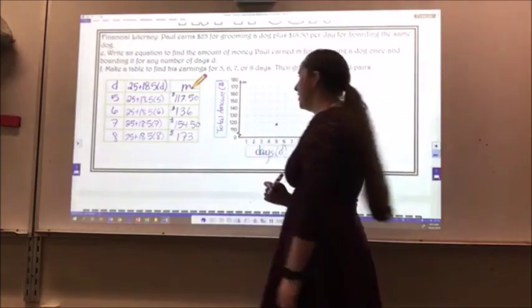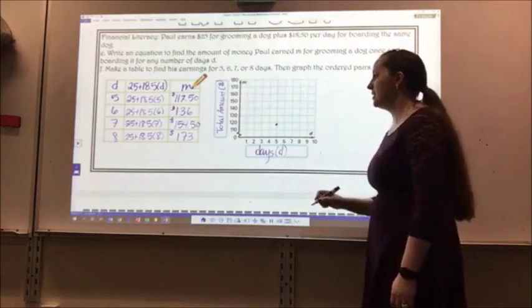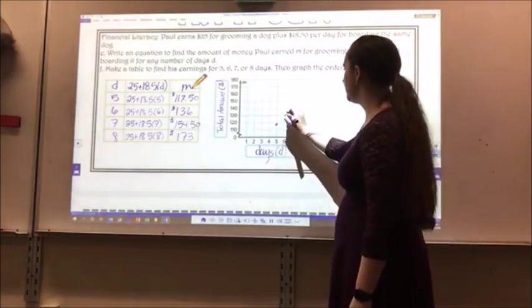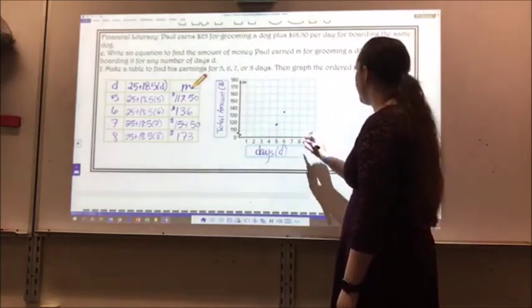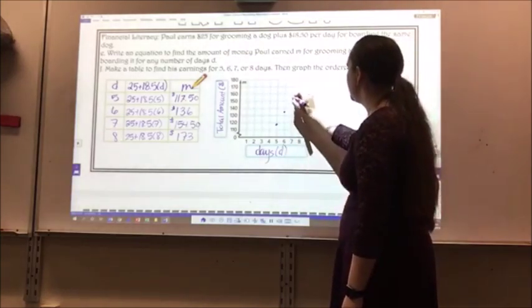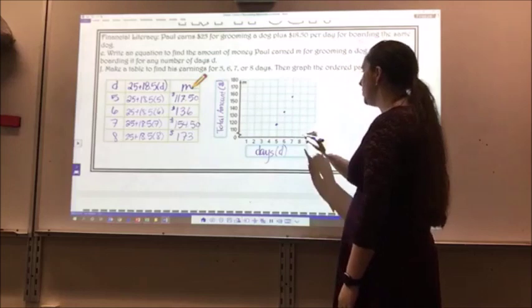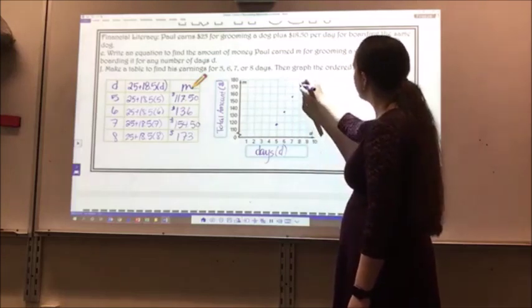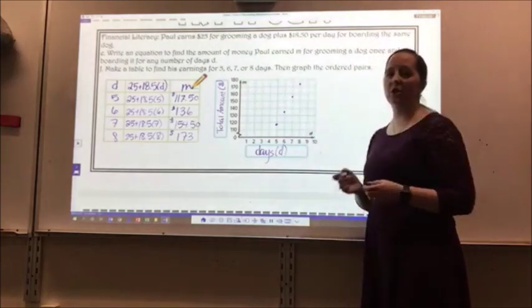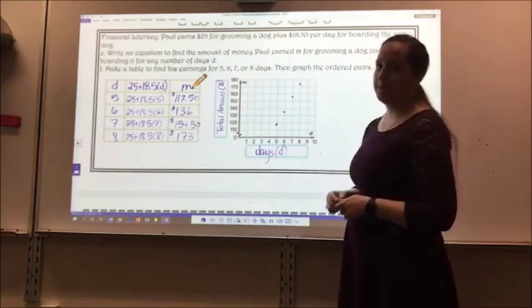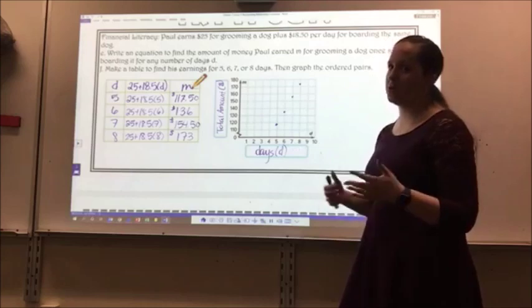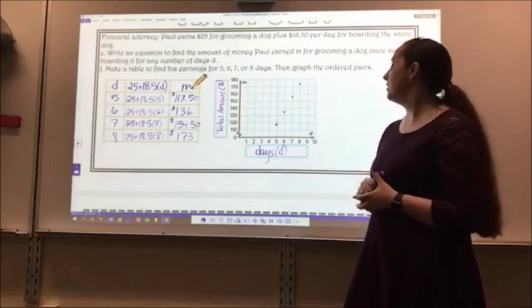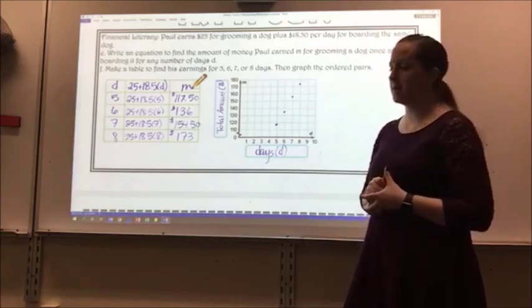Go over to 5 and up to $117.50. 6 days was $136. 7 days was $154.50. 8 days was $173. So you can see the longer the dog stayed, the more money that Paul is actually going to make. He's only going to groom the dog once during that time, but he makes more money the longer the dog stays.